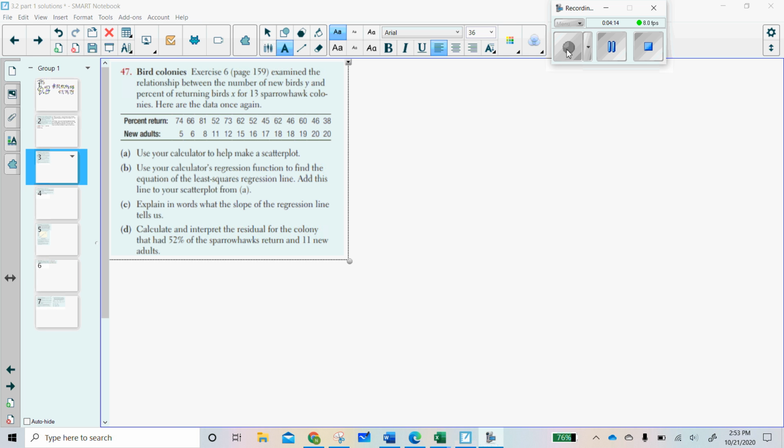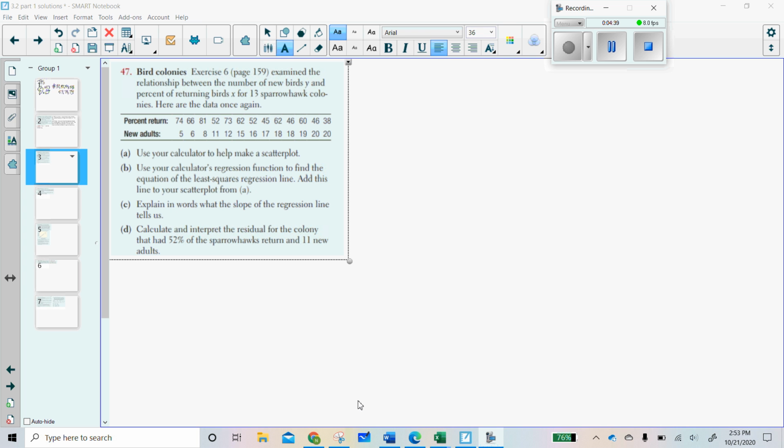Okay, this one gives us some data about new birds and returning birds. You're trying to figure out, based on the number of returning birds that you have, how many new birds are you going to have? So use your calculator, make a scatter plot, use it to find a regression line, and then it has some questions.